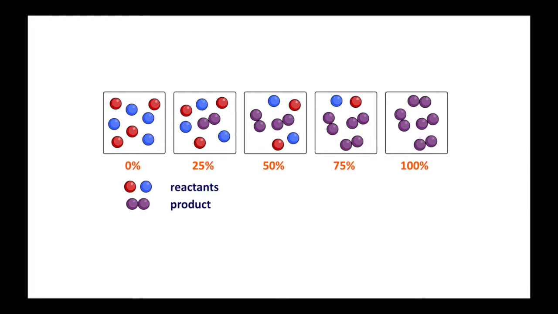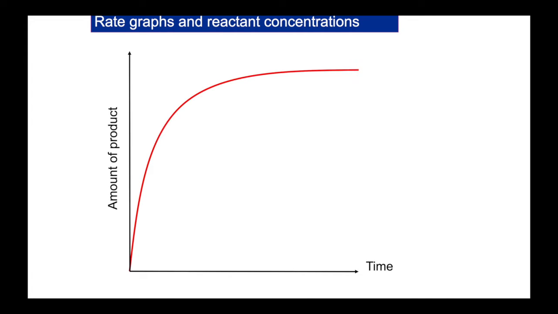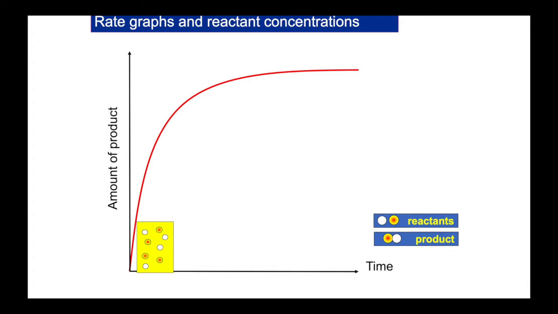And from this, what we see is that our rate of reaction at the start is very high because we've got lots of reactants available to react, but by the end of the reaction, there aren't many reactants to react, and therefore our rate of reaction slows down. So we can see this when we look at the graph. You'll notice it dips off towards the end, and that's because our amount of reactants has decreased as our reaction progresses.